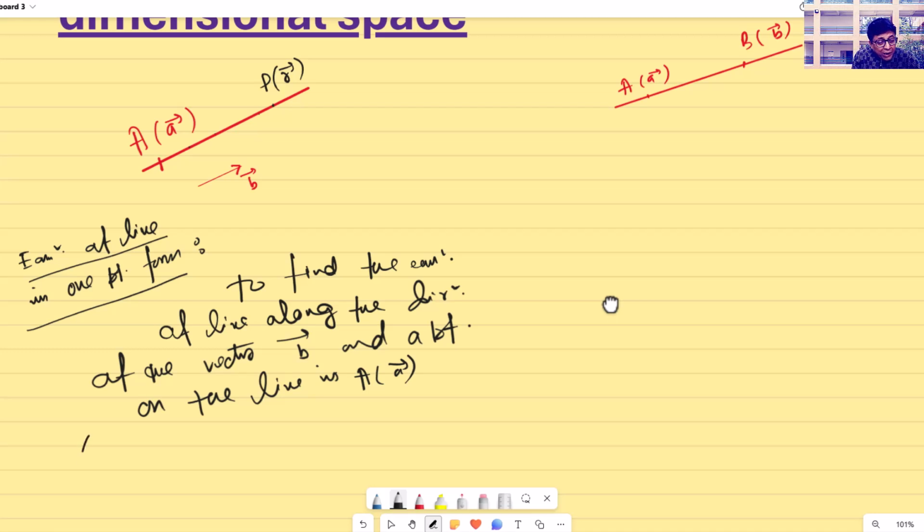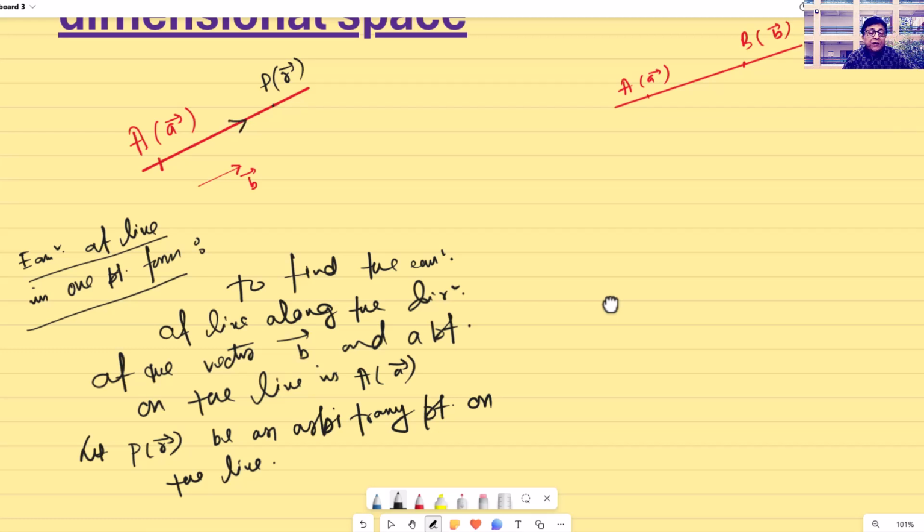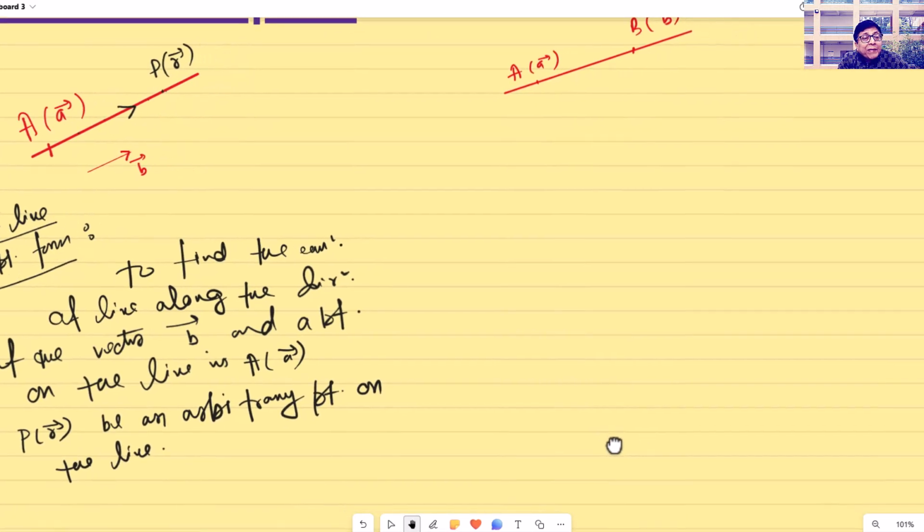So let P, or R, be an arbitrary point on the line. Now A is the given point, P is an arbitrary point on the line. So AP has the direction which is the same as that of vector B. So can't I say that AP and vector B are parallel vectors?